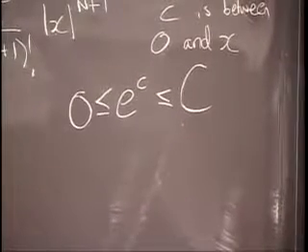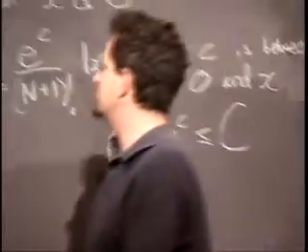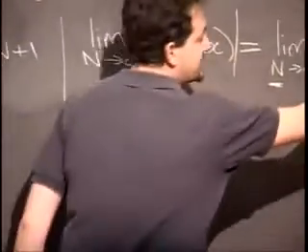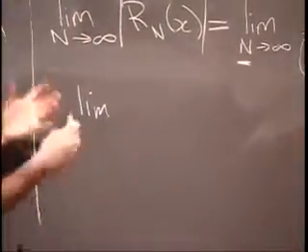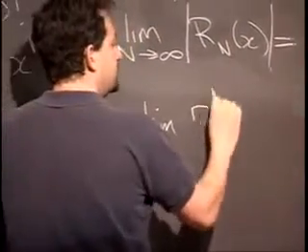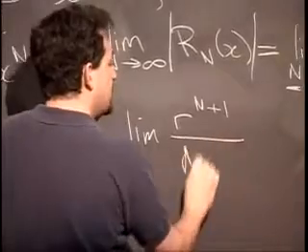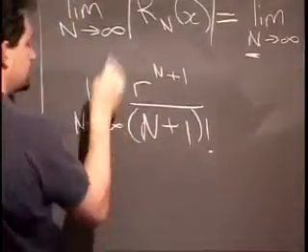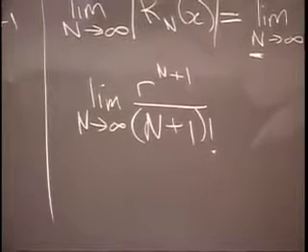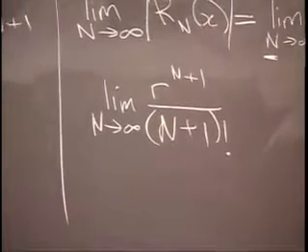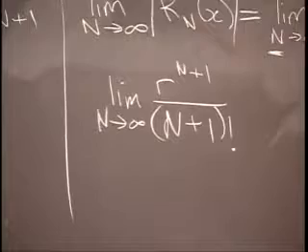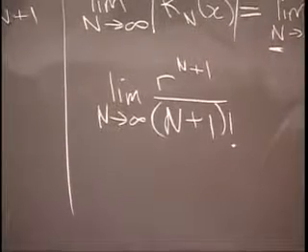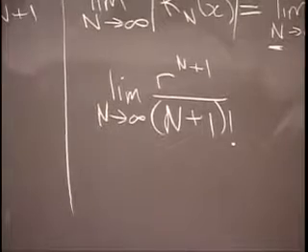Now we're going to use the sandwich principle. What I want to know is, what is the limit of, let's replace absolute value of x by r so that we're not confused about anything like this. What do you think this limit is? Well, it's an exponential on the top, but it's a factorial on the bottom. And it turns out factorials grow much faster than exponentials.